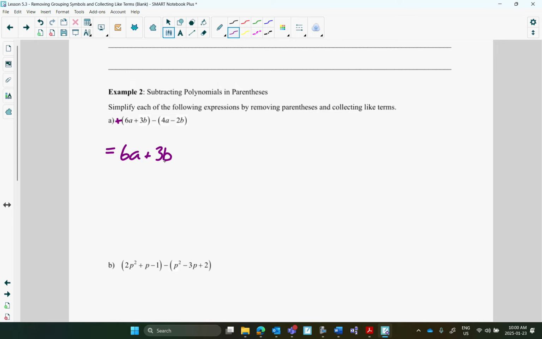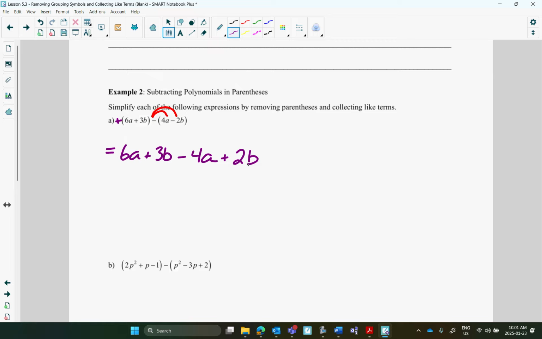It looks exactly the same without the parentheses. However, you've got to be careful when there's a subtraction. Remember, we have to subtract every term inside. When you do that, you'll get minus 4a. And what does the last one become? Positive 2b. Because when we subtract a negative, it becomes a positive. So notice the signs change when it's subtraction.